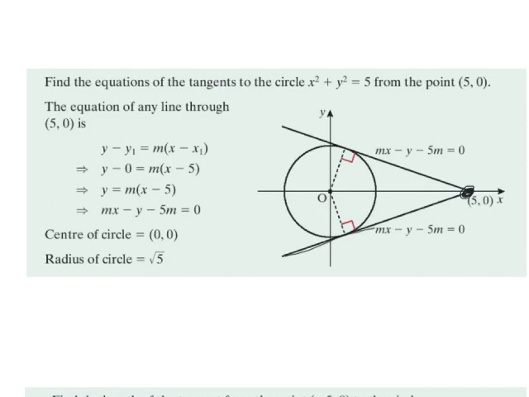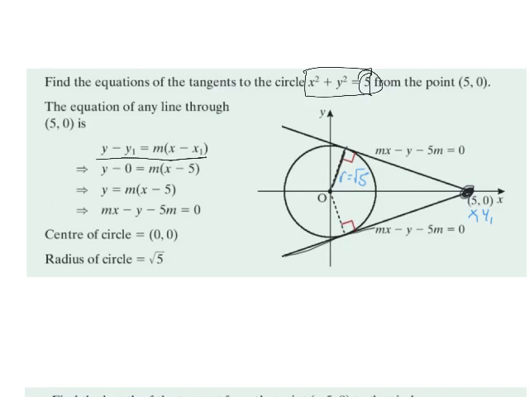So we have our equation of the circle here, which tells us that this radius is root 5. Okay, so we have our general equation of the line, and we have our x1, y1.